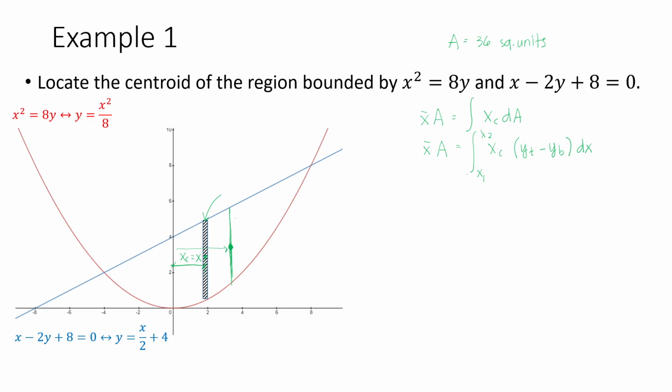So this can now be replaced into the equation: bar x times 36 units is equal to the integral of, instead of x sub c, which only tells us that it is the centroid of the strip you are using, x now, multiplied by y top, which is the blue graph, x over 2 plus 4, and then minus the red graph, which is x squared over 8, and then dx.